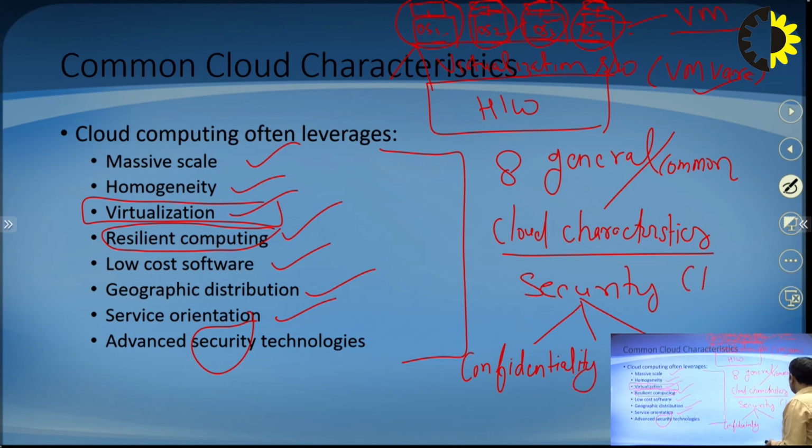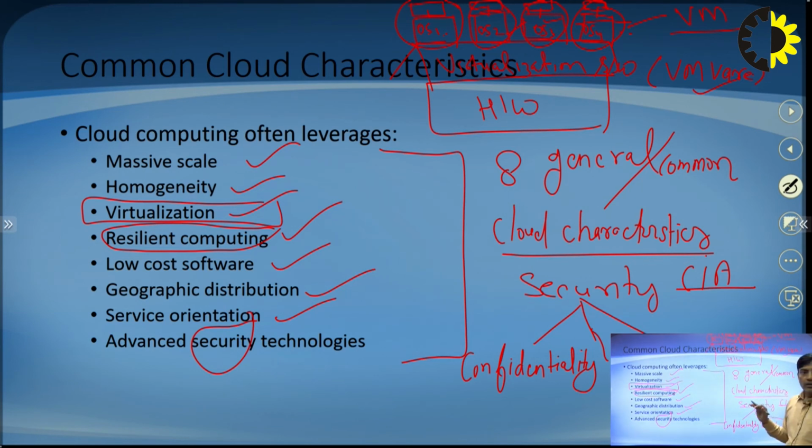This is CIA: C for confidentiality, I for integrity, and A for availability.